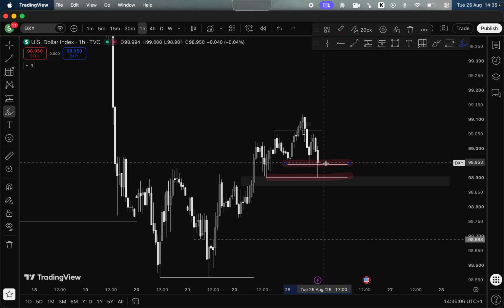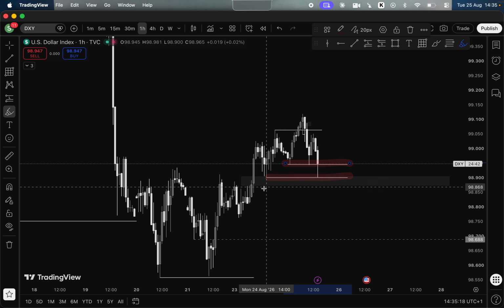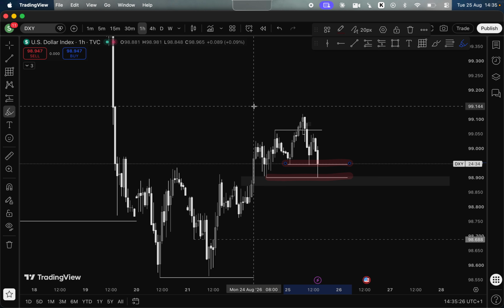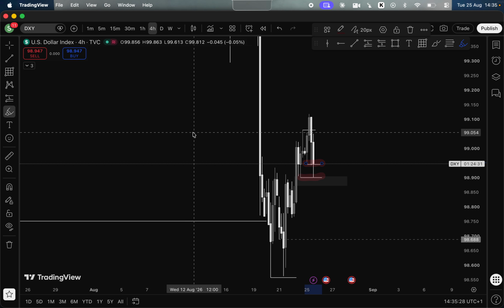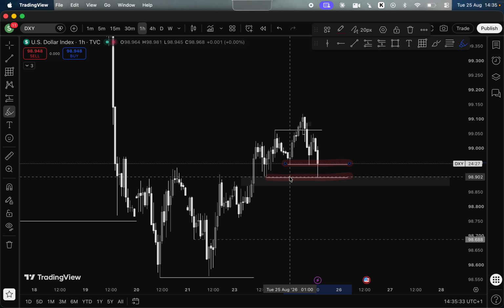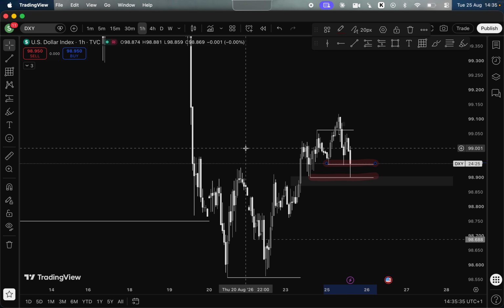But until then, if we just close kind of rejecting this area, taking out these lows, I don't expect this candle to really close higher, but that's just what I'm going to have to see.